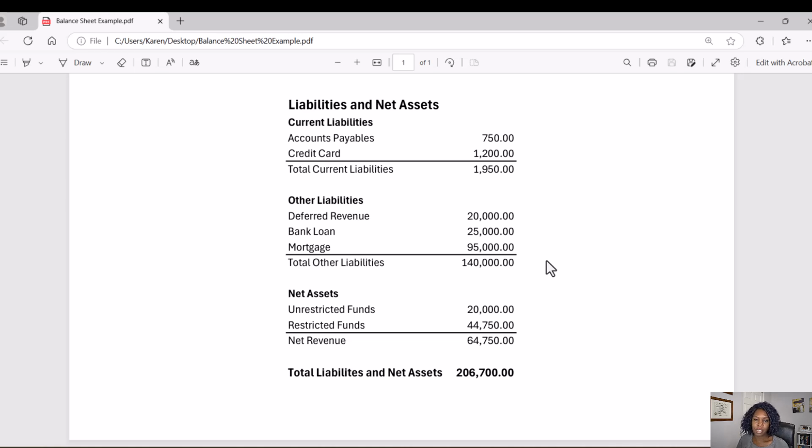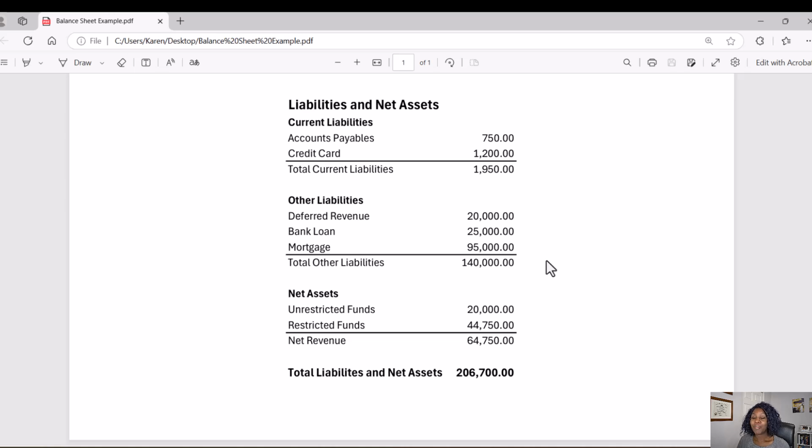Now, your unrestricted funds are any funds which you receive from donations or even grants, in which you can use the money in any way that you want to. All right? You can use it however you please. So those are the best kind of funds.